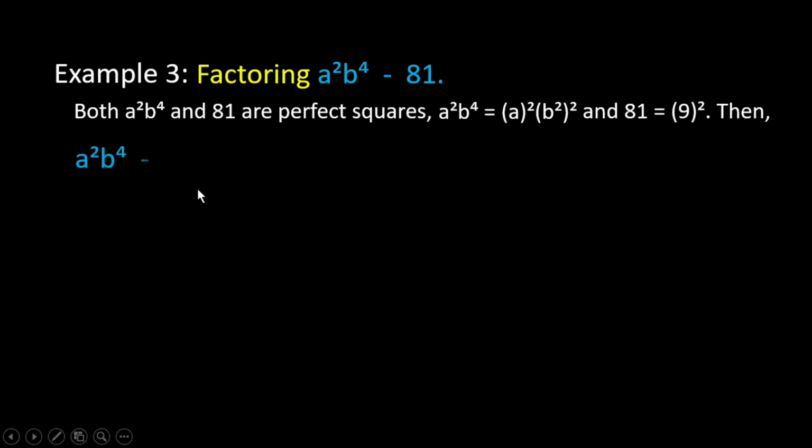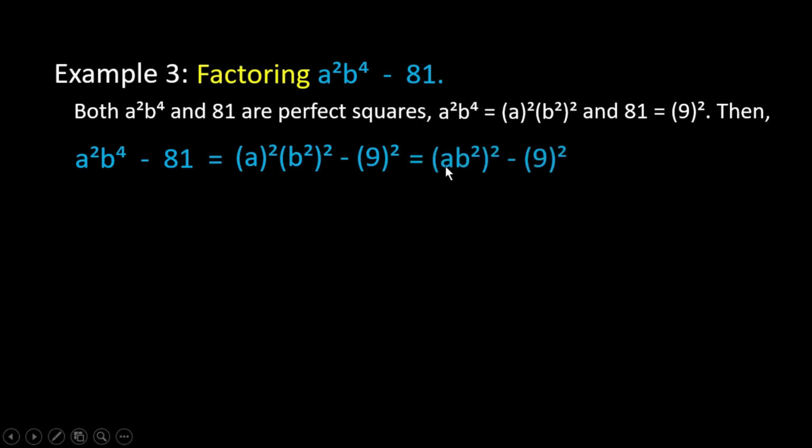Then, a squared b to the 4 minus 81, pwede nating isulat as ito guys, a to the 2 or a squared b squared to the 2, okay, minus 9 squared, okay. Then, pagsasamahin natin tong dalawa, itong a at saka b squared. Dahil nga pareho sila ng exponent, saka multiplication pa, so madali natin silang pagsamahin.